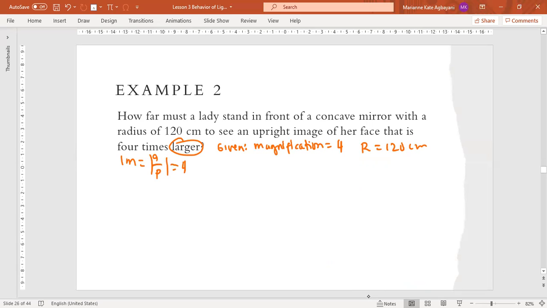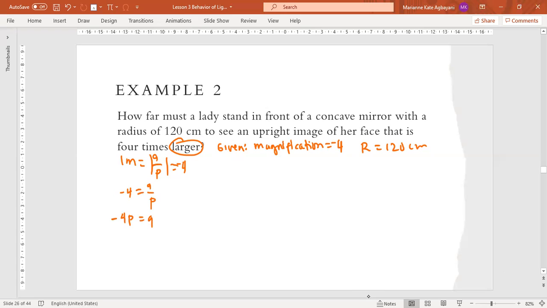Since we have an upright image in a concave mirror that is 4 times larger, that will be negative 4. Linear magnification is negative 4. So we have negative 4 is equal to Q over P. So we have negative 4P is equal to Q.